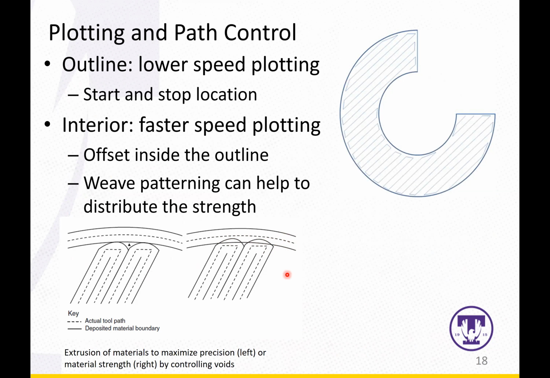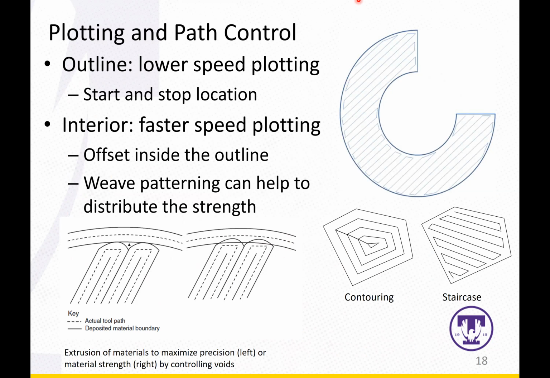So that could cause some failure or unwanted distortion. So you have to properly design your tool path such that the actual material will be properly placed with no overlapping. Right?